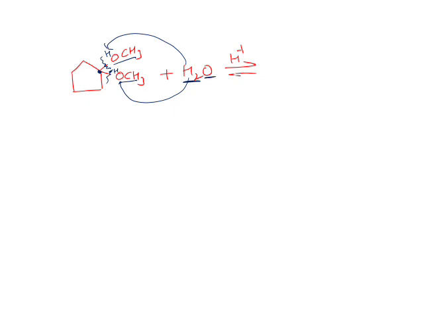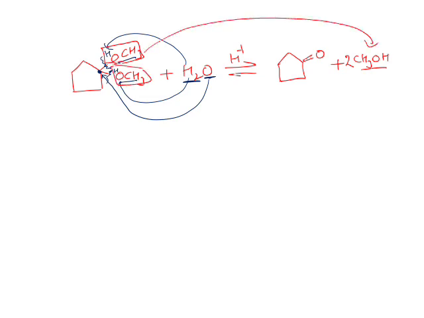Then this oxygen is going to bind with this carbon, and you're going to make two molecules of CH3OH, one is this, one is this, and you're going to make ketone.